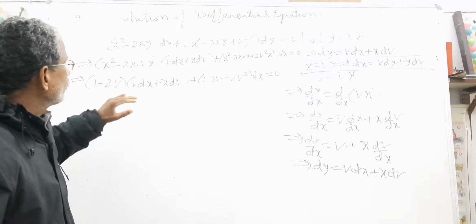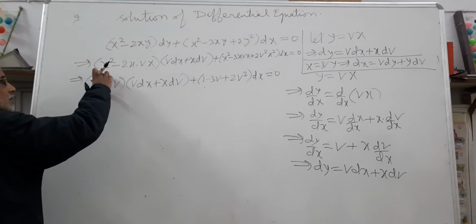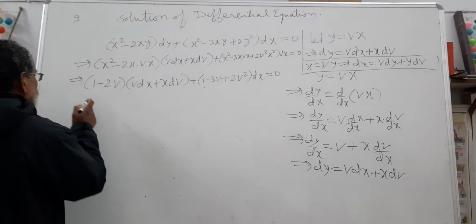Now, this equation is of the form variable separable. First form is variable separable, second is homogeneous, third is linear. So we started from homogeneous because in homogeneous, variable separable is the next step. Now this is variable separable. How?